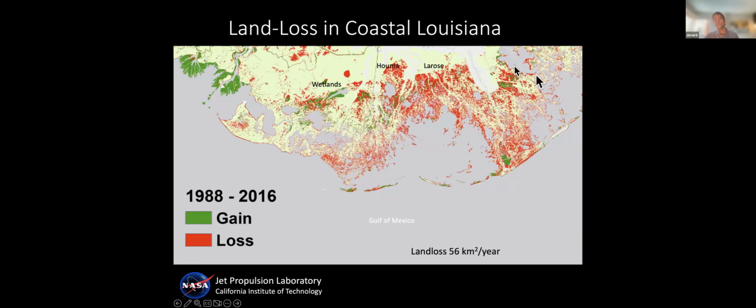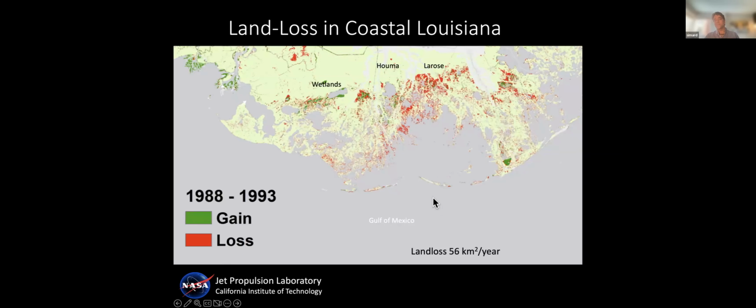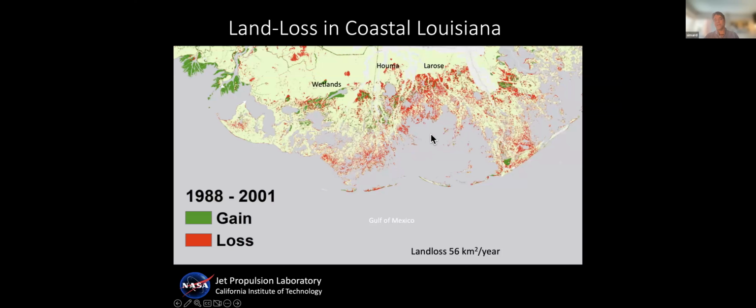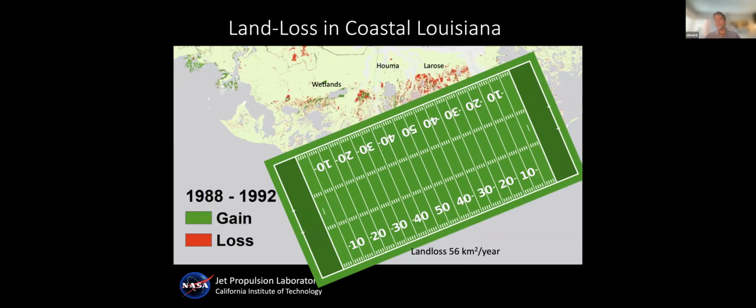But in most of the Louisiana coast, you will see loss because there's simply no sediment being delivered to this area. So this 56 square kilometers per year is equivalent to about a football field worth of land lost every hour. I'm not talking about years here, it's every hour.